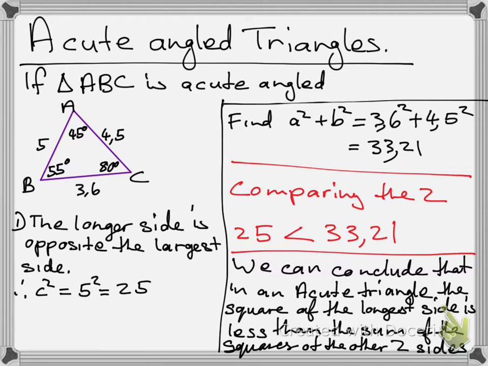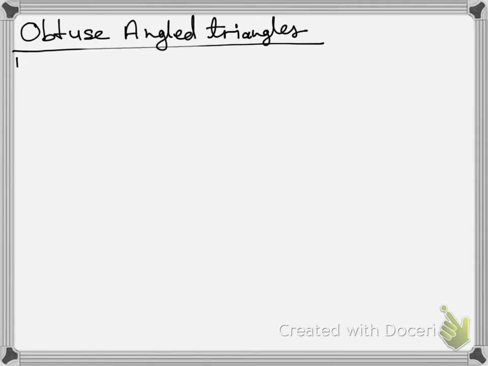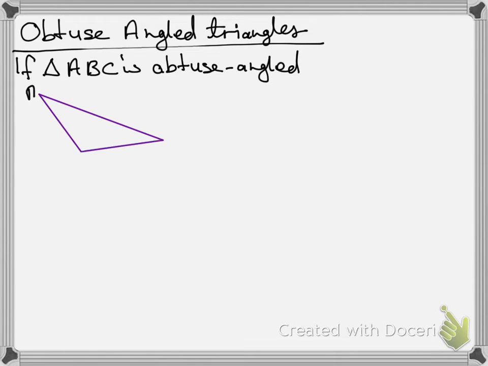Moving on, let's look at the obtuse angled triangle. So for an obtuse angled triangle, if triangle ABC is obtuse angled, then the longer side, in this case, is the one which is opposite the larger angle again.